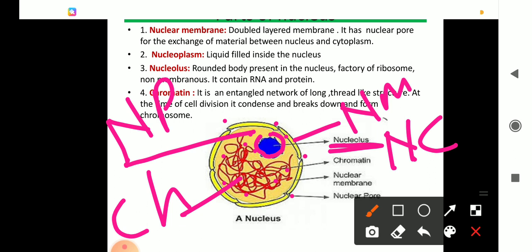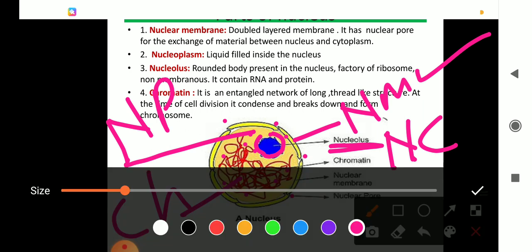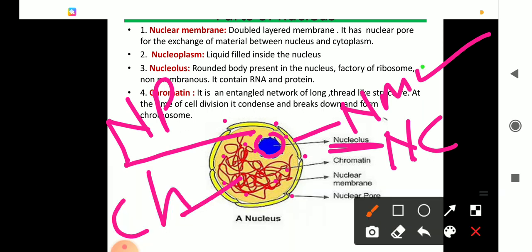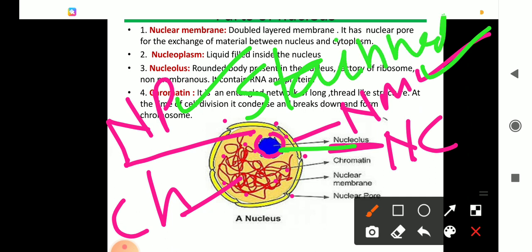So what are the main four parts? The first is nuclear membrane, this outer membrane. Then the second part is the liquid which is filled inside it. This is called nucleoplasm. Then the dense body, which takes the dark stain, है ना, dark stain जिसने लिया है वो body, that is called the nucleolus.